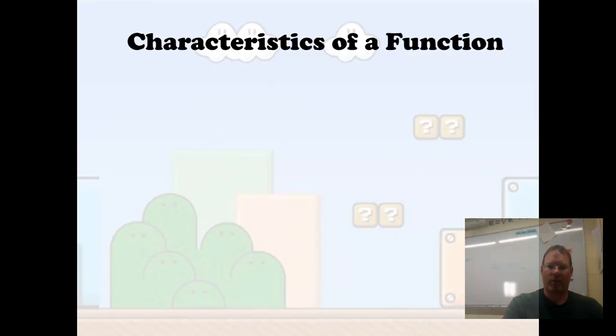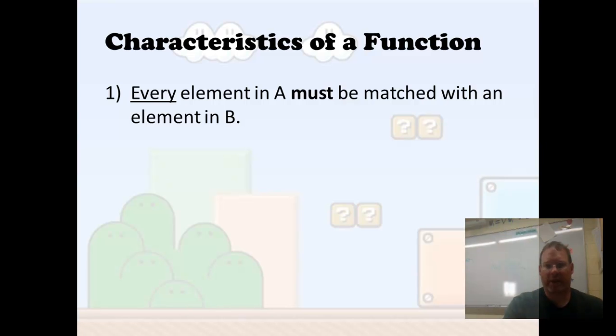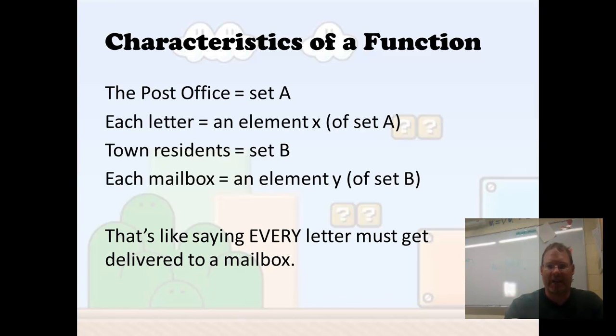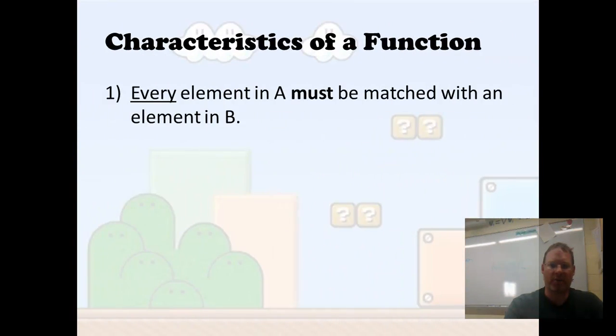So going back to that characteristic, every element in A must be matched with an element in B. So what does that mean? That's like saying that every letter must get delivered to a mailbox. Every letter must get delivered to a mailbox. Okay, characteristic number 2.